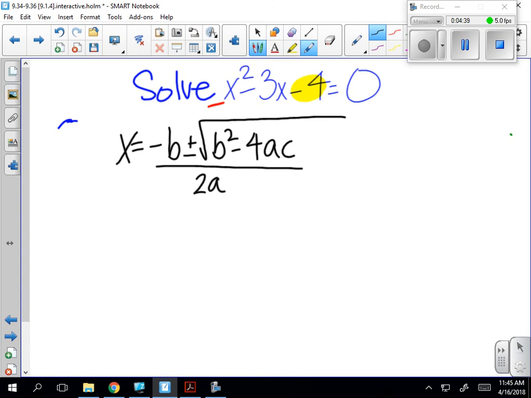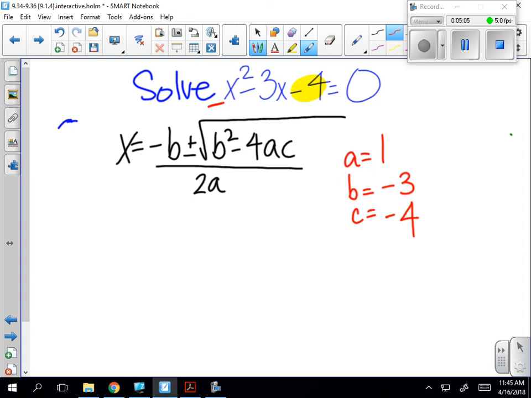Now whenever you start the quadratic formula, the first thing that you should do after writing it out is define for this equation what a, b, and c will equal. A is always the number touching x squared. So in this case, it would be 1. B is always the number touching x. So in this case, negative 3. And c is always the number by itself. In this case, negative 4.